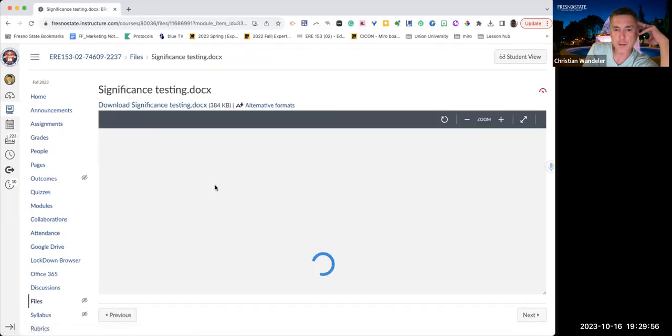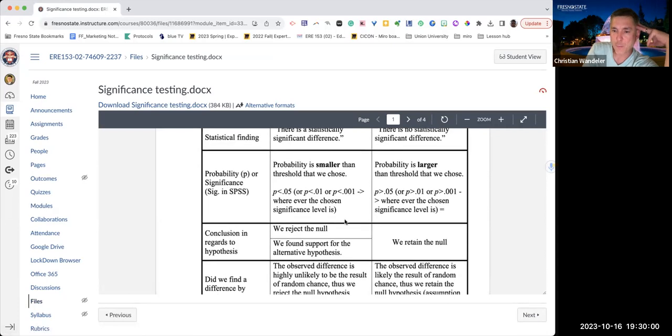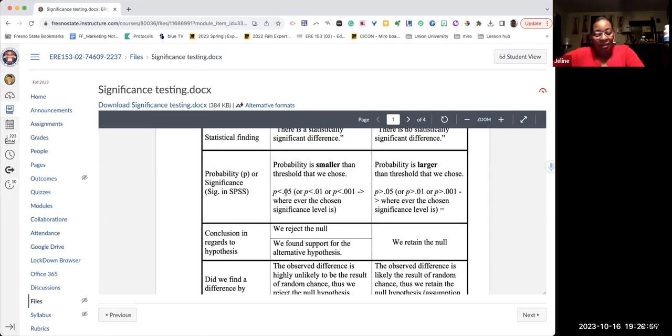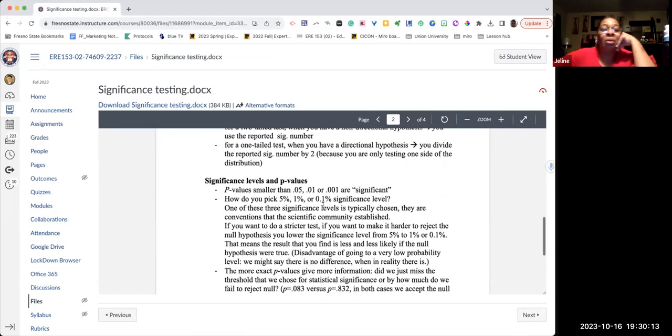That's where you choose. I'm just trying to place the LSD, the HSD, and the Scheffe with the p-value so I can understand how to word it.